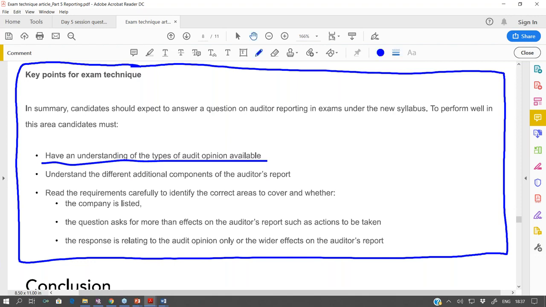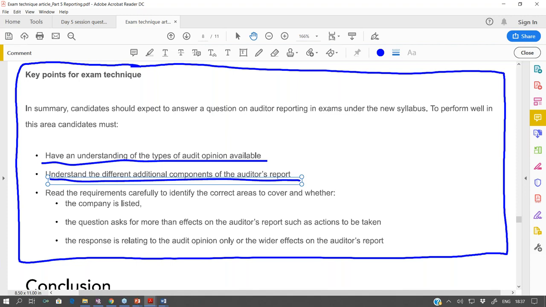Number two, understand the different additional components of the audit report. Do you know about the different additional components of the audit report? How many different additional components are there? Number one, a paragraph known as material uncertainty relating to going concern.